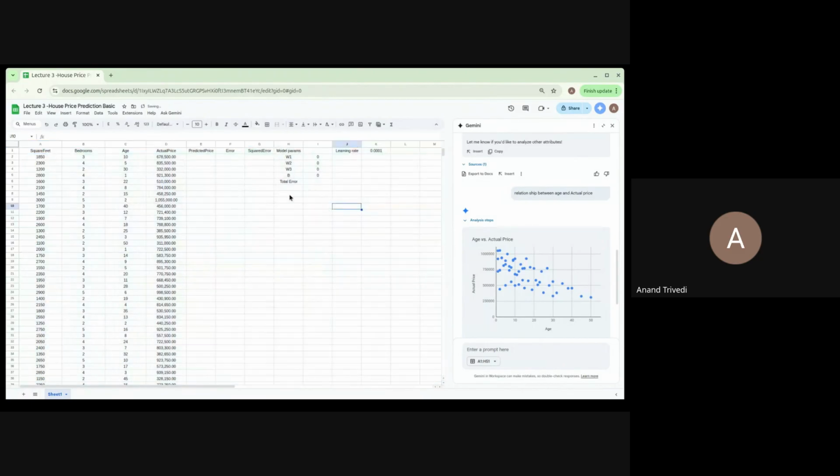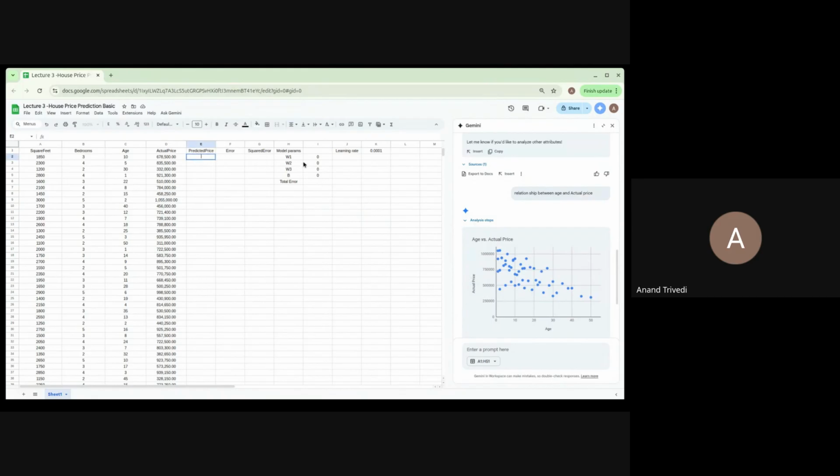All right. Now we need the predicted price, right? The predicted price is actually the same formula that we had. Let's write down the formula.